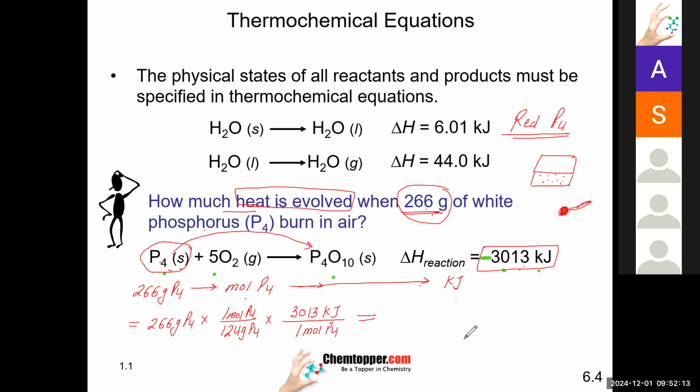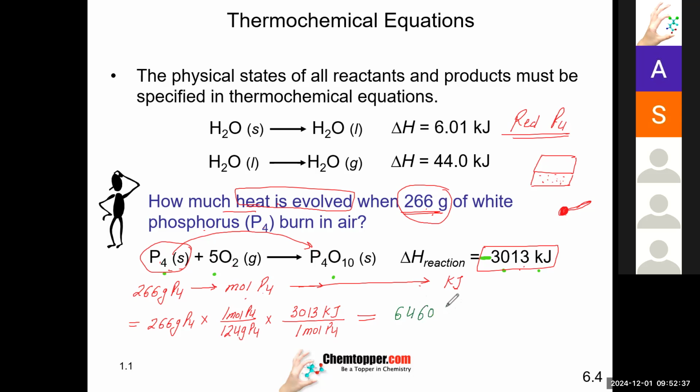Is it 6460? Let me check. I'm getting some other number. 84. Yeah, you're right. And your number should have how many sigfig children? Three. And I think all of you are very, very accurate.